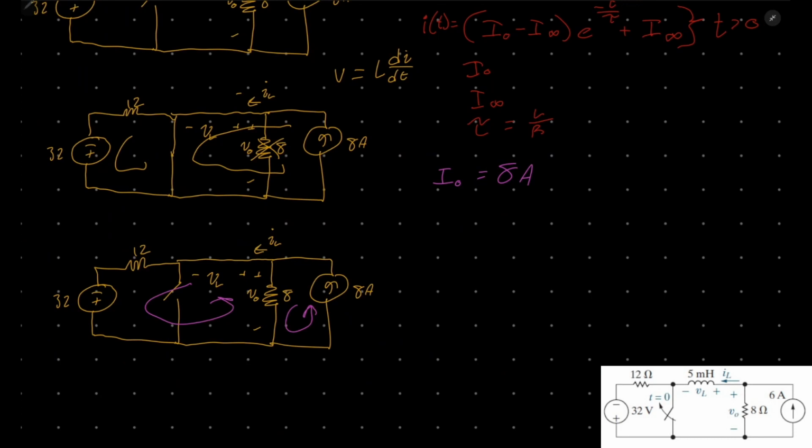When doing mesh analysis, we're using KVL, where rise equals fall.